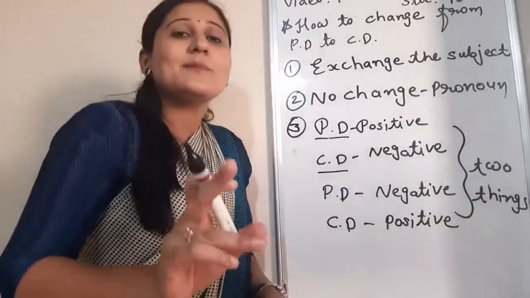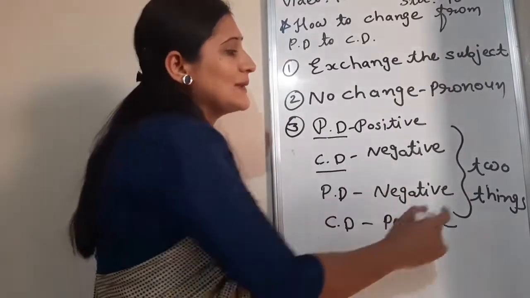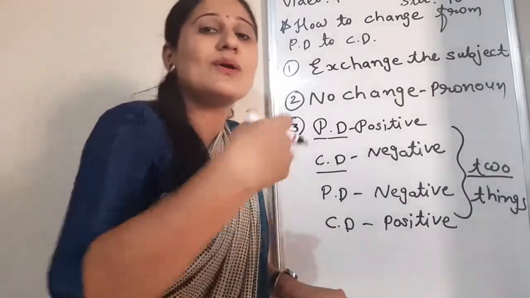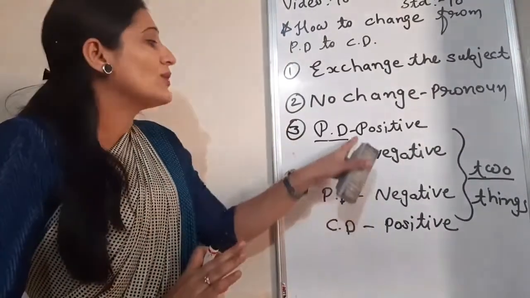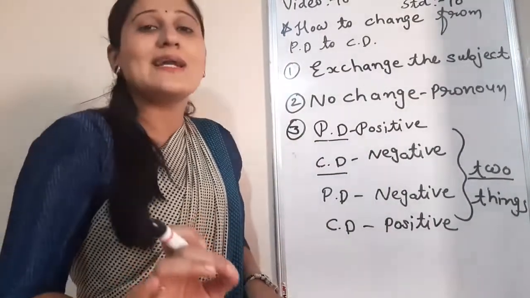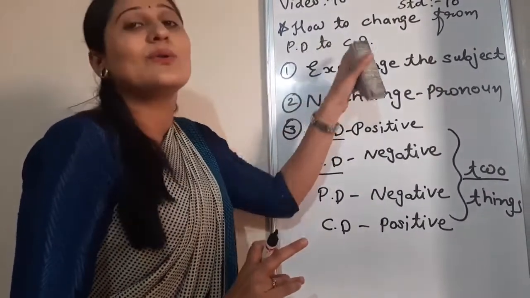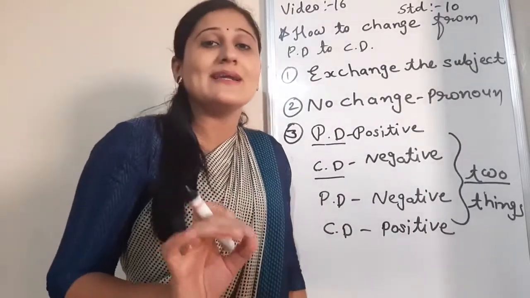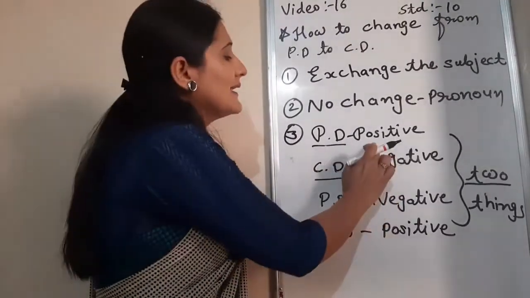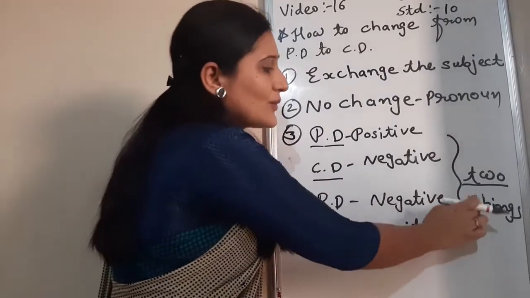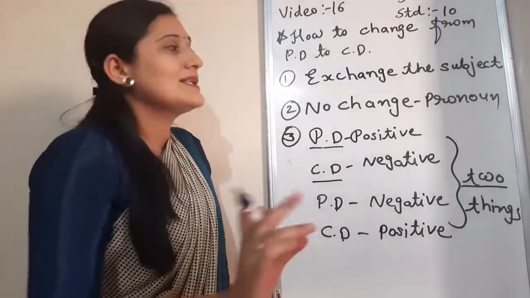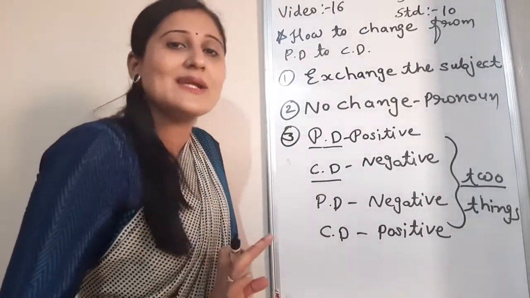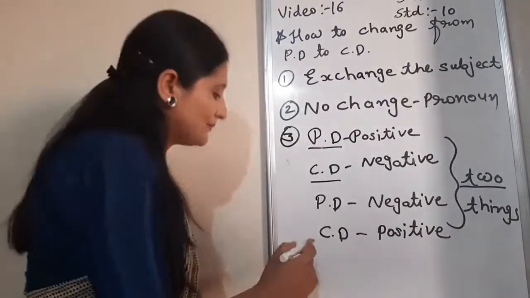But if there is similarity or comparison between more than two things, then this rule will not be valid. 99% this rule will be valid for two things, but for 1% it is not valid. I will give you one example, you will come to know.